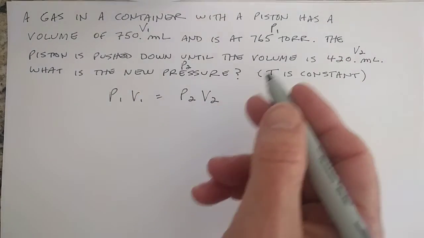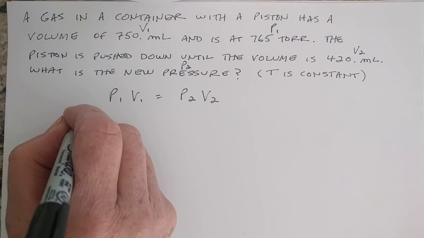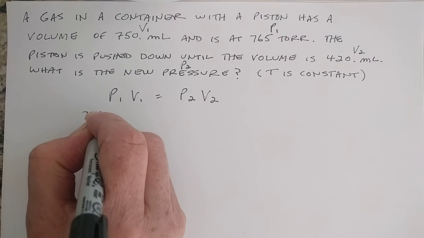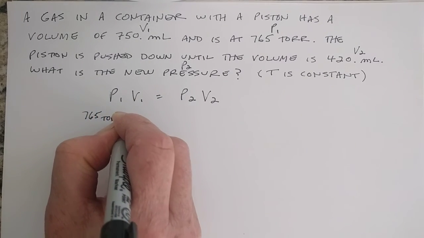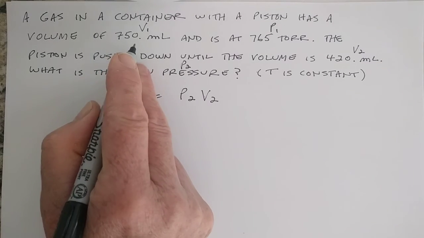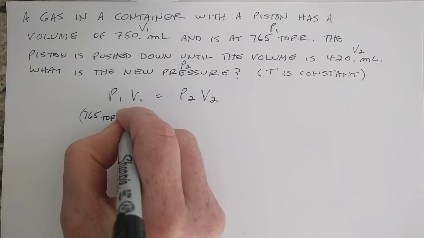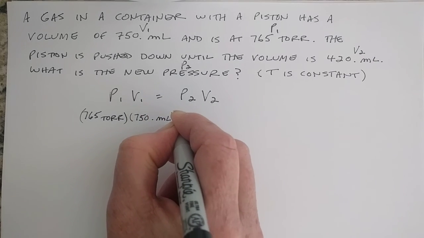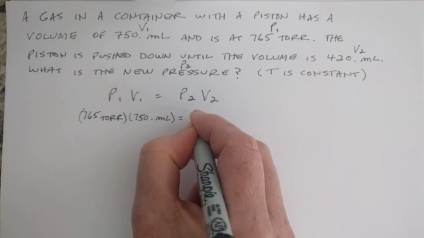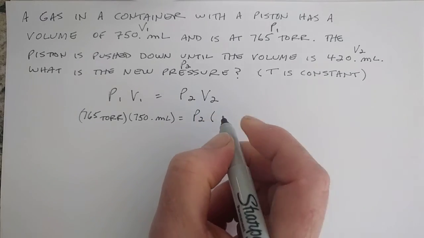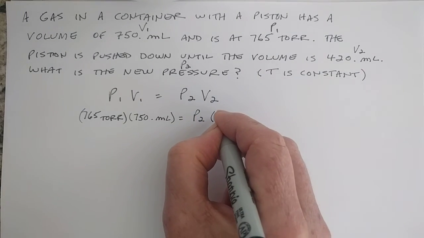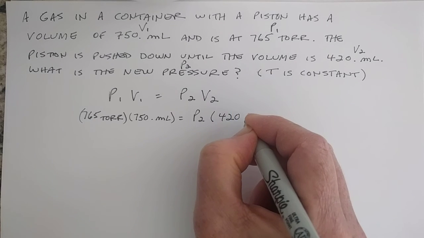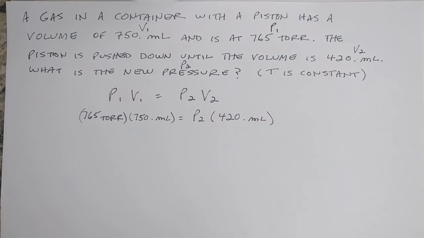All right, so let's substitute in. So P1, I don't have to change that to atmospheres. I can just leave this as 765 torr, times V1, I can leave that in milliliters, 750 milliliters, equals P2, which is what I'm looking for, times V2, which is 420 milliliters.